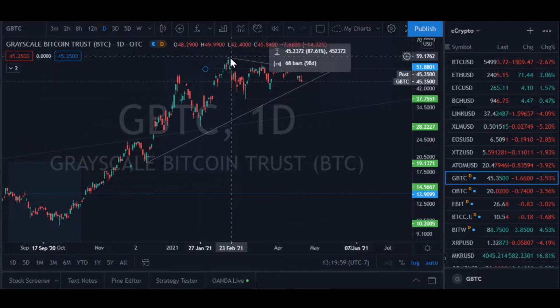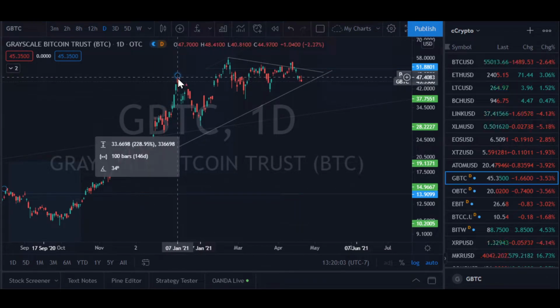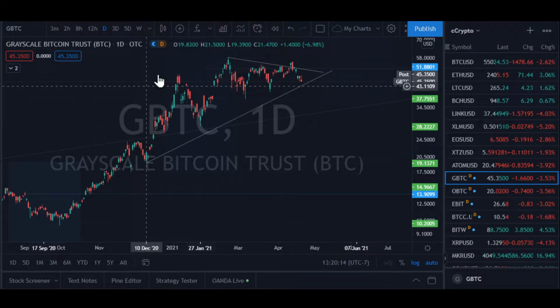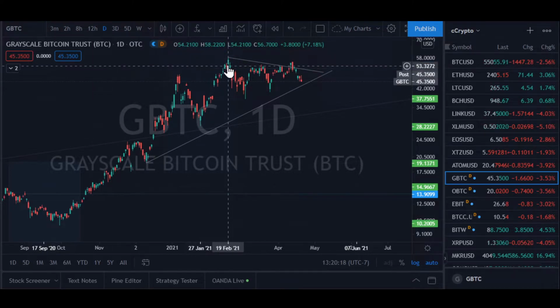Do you count it here, or where do you start counting your sideways consolidation from? Is it the peak on January 7th or January 8th, or is it this peak on February 19th? That makes a difference, right? Because obviously, if we're starting from the peak on the 19th of February, then we're going to have a lot longer to go sideways.